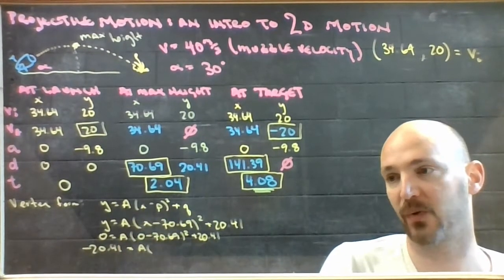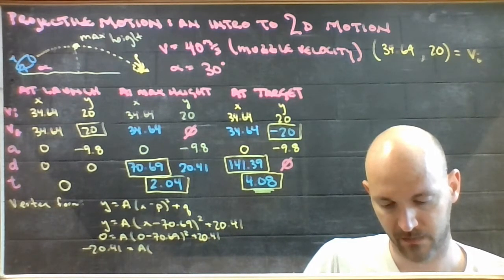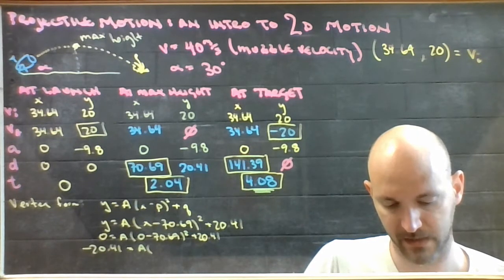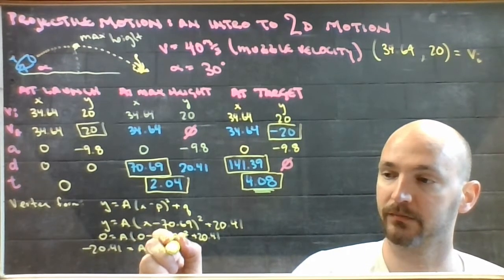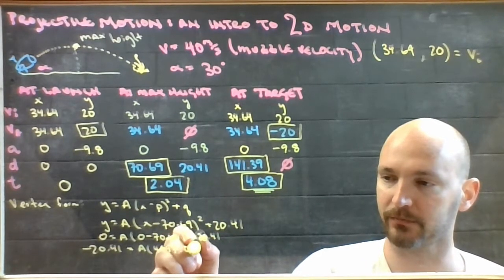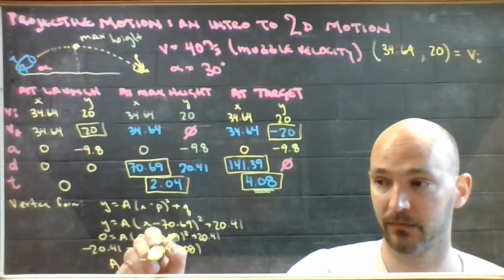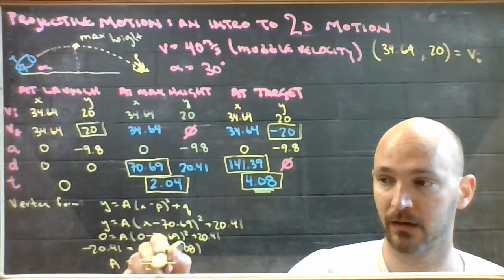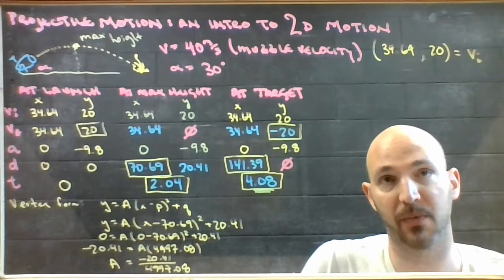Zero minus 70.69 is negative 70.69, and 70.69 squared is 4,997.08. So if I divide this by this, 4997.08, then I have the A value for that parabola.